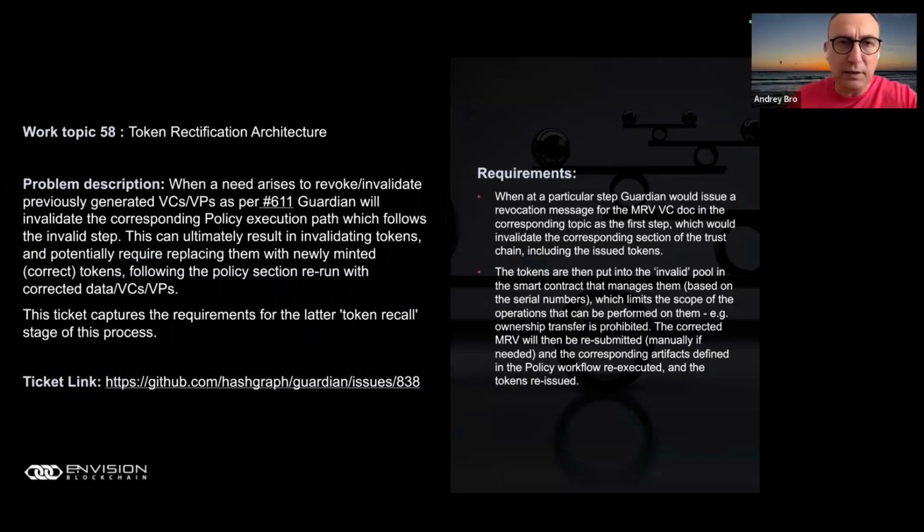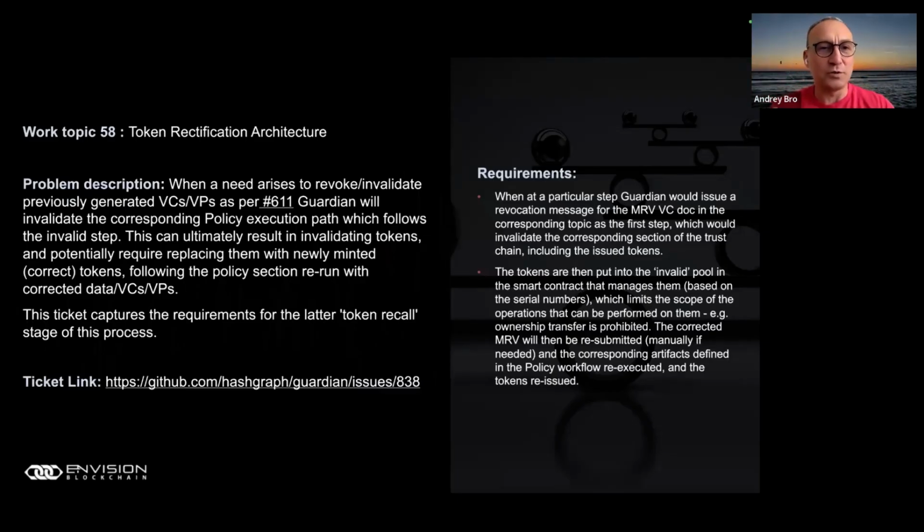All right, this ticket is about the evolution of the earlier work that we've done, giving the ability to revoke statements, which in Guardian are usually expressed in terms of documents that are being published. That is, the ability to revoke documents and do a cascading revoke of all the documents that depend on that document. That work is done and that information is published, but what hasn't been decided and implemented yet is revoking tokens. There's quite a bit of rectifying to do with tokens.